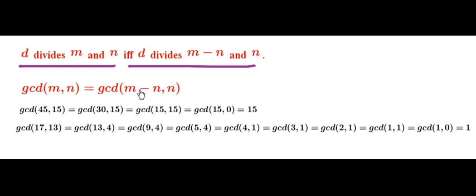Then after this repeated subtraction, we will get the remainder of this division, m divided by n, as the first parameter. So this is the idea about this recurrence, and now we will be able to answer the question.